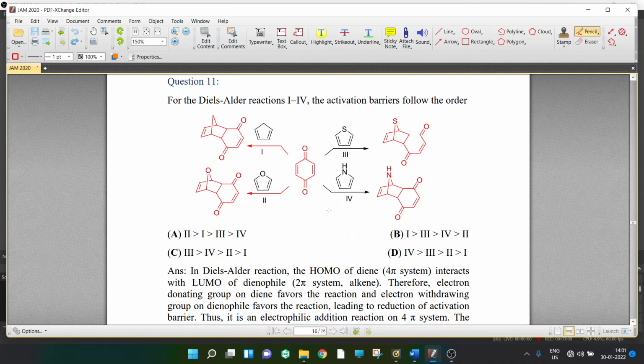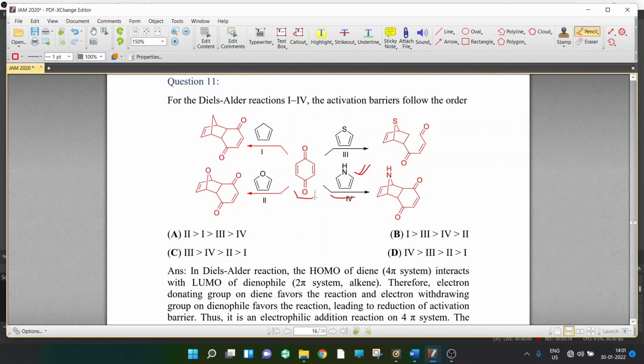Now we know for the Diels-Alder reaction, the HOMO of the diene interacts with the LUMO of the dienophile. HOMO means highest occupied molecular orbital, so it needs more and more electrons. So this acts as a nucleophile, and the dienophile LUMO interacts.